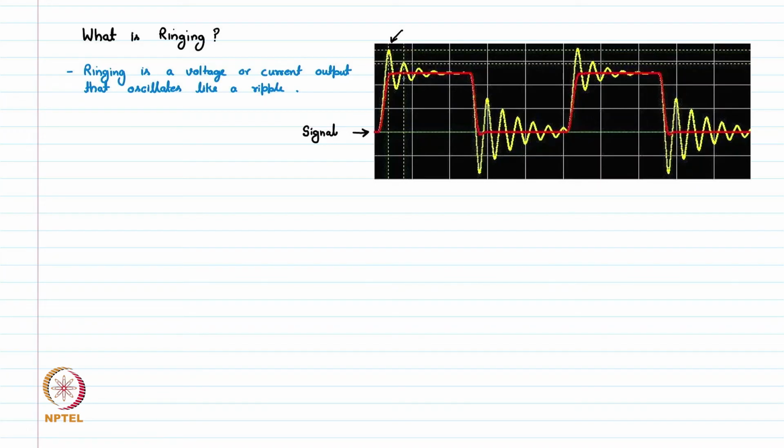So this upward and downward movement is called the ringing.